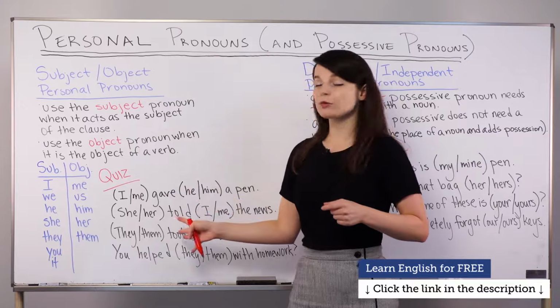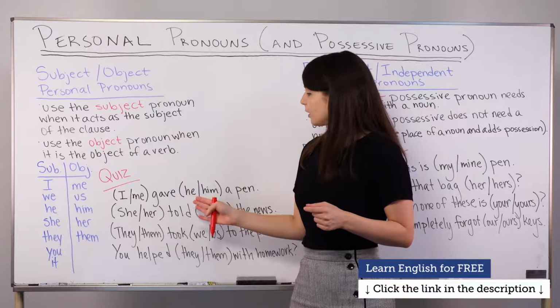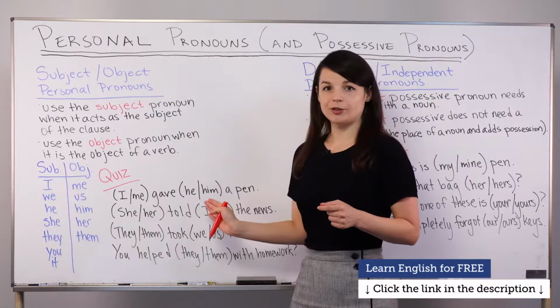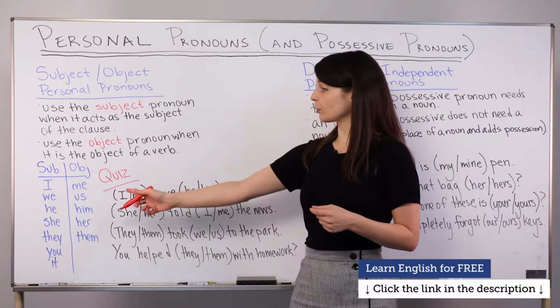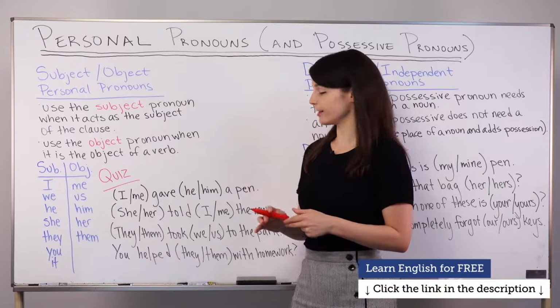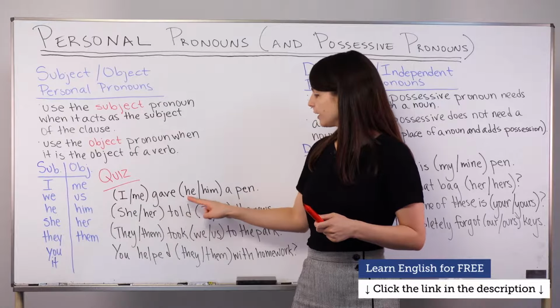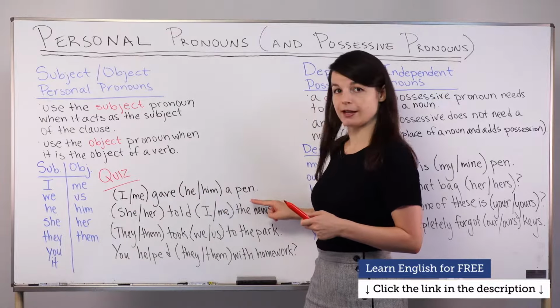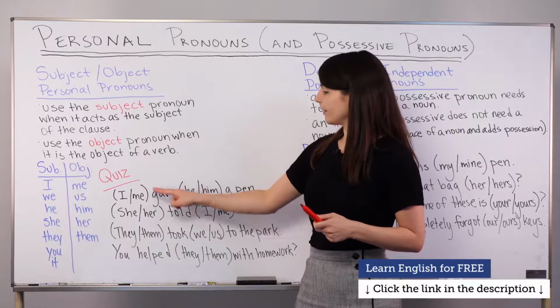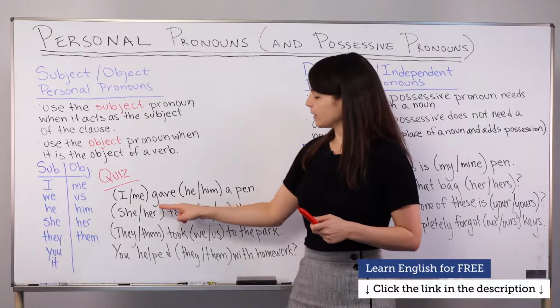So I made a few sample sentences that use subjects and objects. Let's use the correct pronouns to finish these sentences. The first one: I or me gave he or him a pen. Okay, so here I have this verb, gave. Let's begin here.